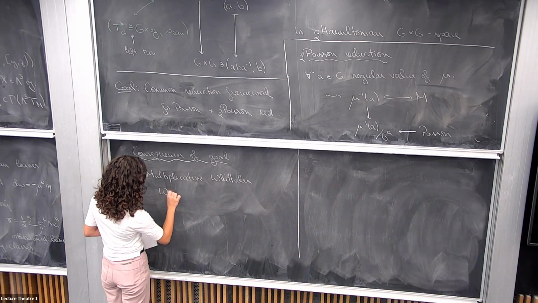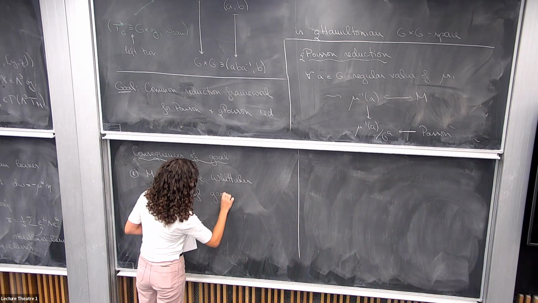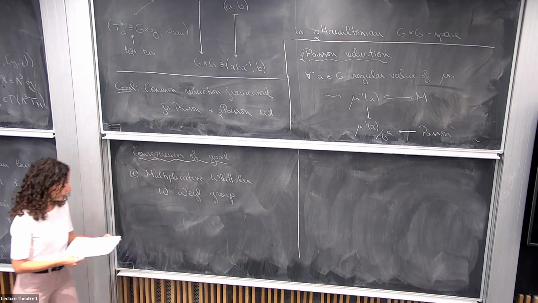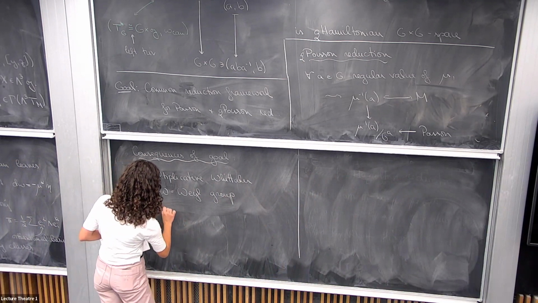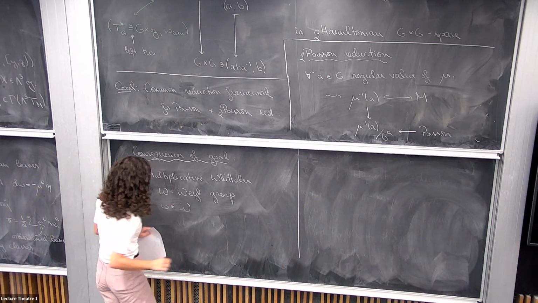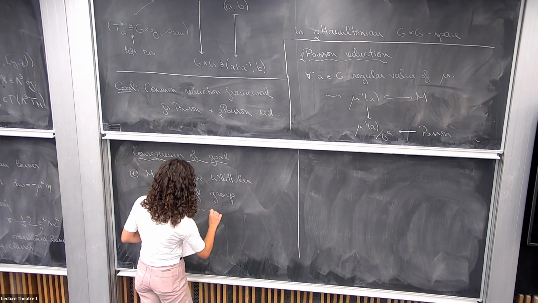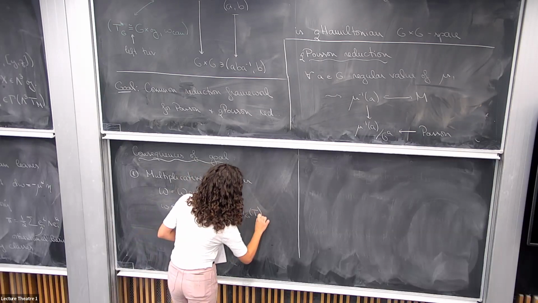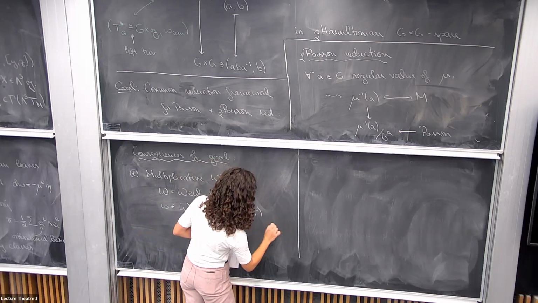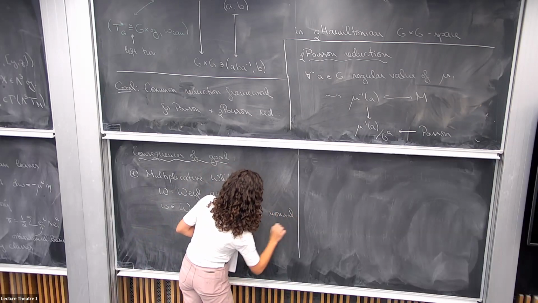So W will be my Weil group of G, and to any element of the Weil group I associate a preimage in the group that is a normal representative.